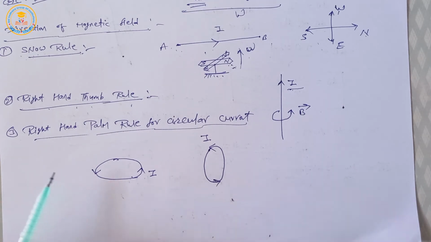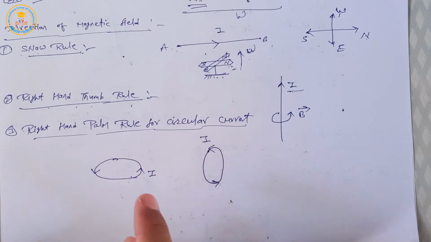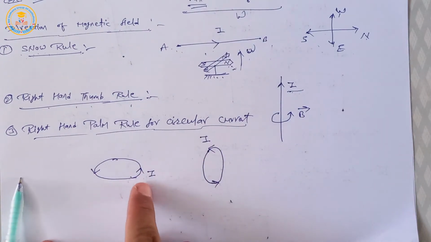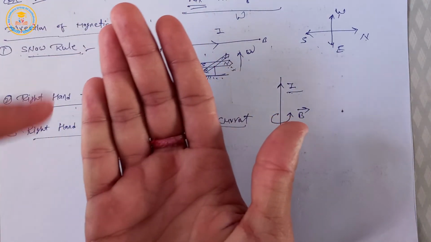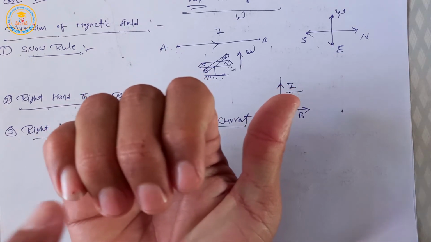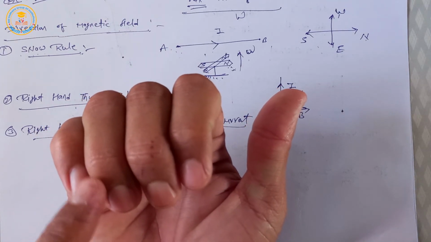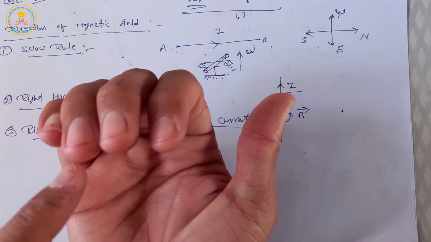Firstly, according to the right hand palm rule, if we fold the fingers of the right hand like this, this folded finger of the right hand represents the direction of circular current.